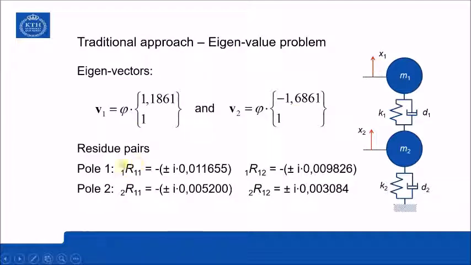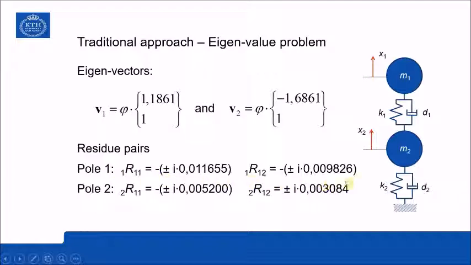Then you will get this pole pair. And if you study the transfer function between force on mass 1 and the response x2 on mass 2, then you get this residue pair. So for pole 1, you find this residue pair.